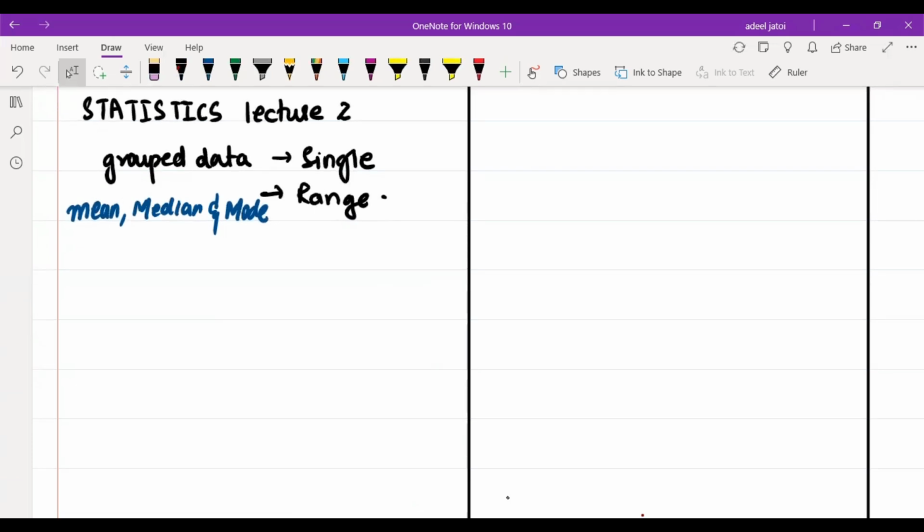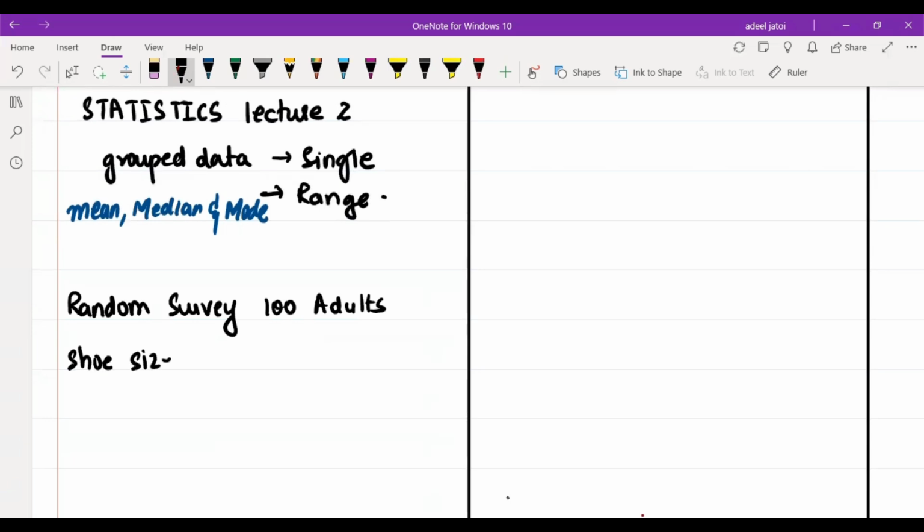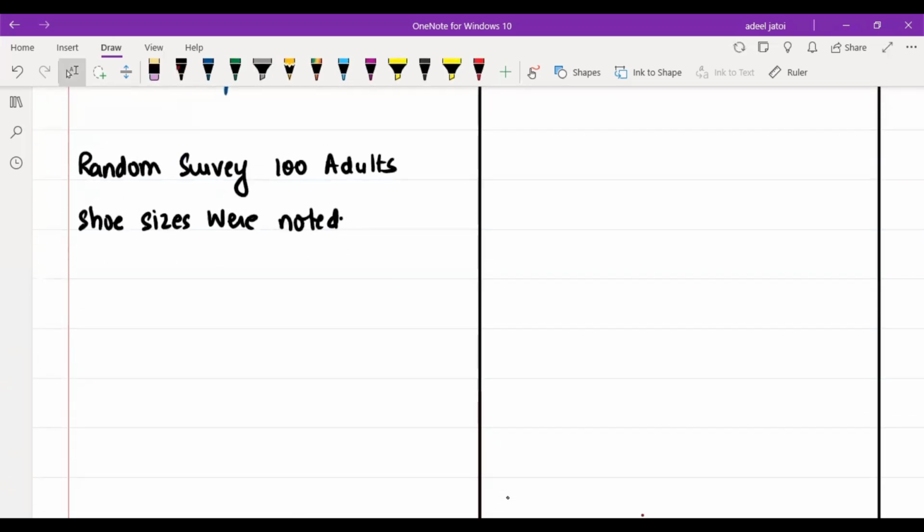Let's say that in a random survey, we have 100 adults. Their shoe sizes were noted. Let's just use the table form. Let's say shoe size and number of adults.